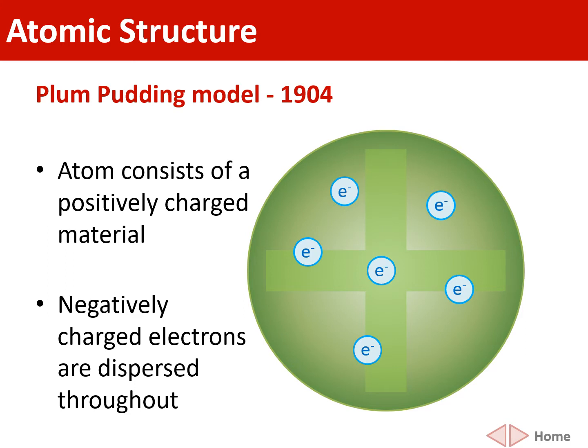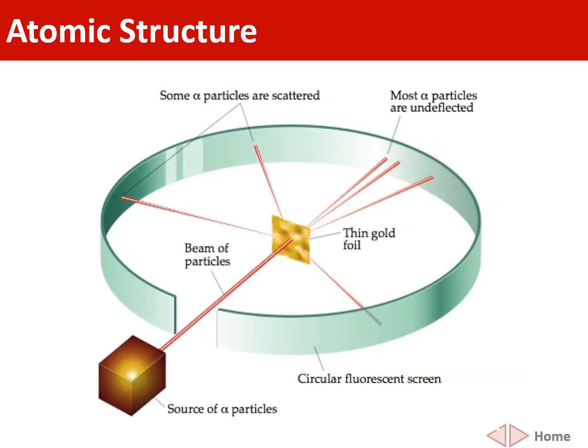However, at the start of the last century, there were experiments done by Ernest Rutherford and his assistants Geiger, and they used something called alpha particles, that we'll look at in a later part of the topic, to try to probe matter. And they set up an experiment that was similar to what you see on the screen, but a little bit different.